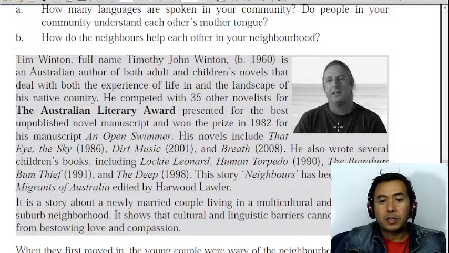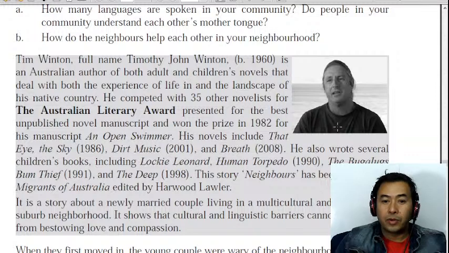His novels include That Eye, the Sky in 1986, Dirt Music in 2001, and Breath in 2008. He also wrote several children's books, including Lockie Leonard, Human Torpedo in 1990, The Bugalugs Bum Thief in 1991, and The Deep in 1998.